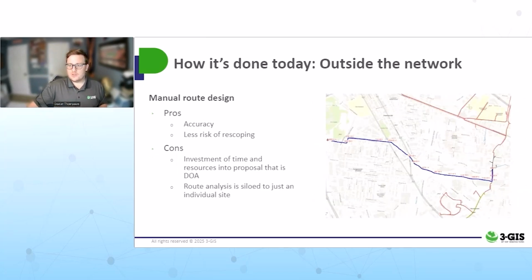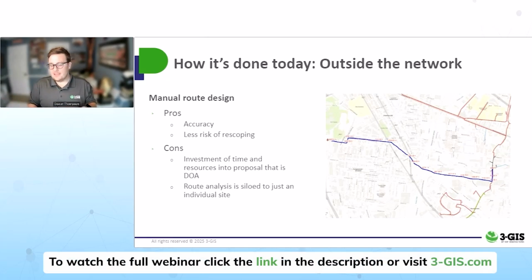Another way folks do it is with manual design. This is what we hear a lot that users and engineers will do, where they just take the time to say, I want to start from this splice closure and work my way 5-10 miles to serve this customer. This is by far one of the more accurate ways to do it.